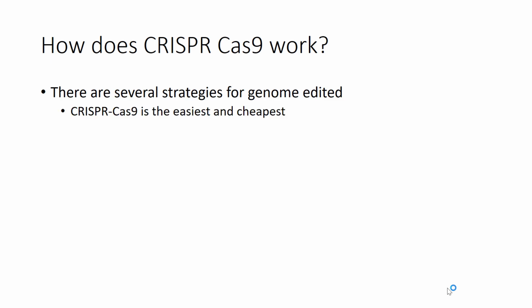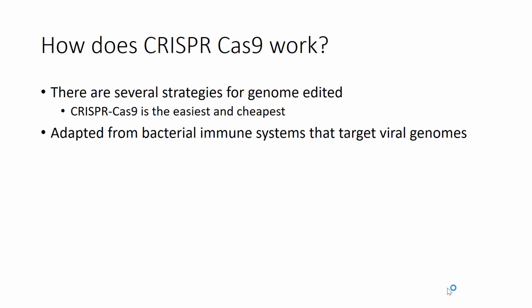But CRISPR-Cas9 is the easiest, and it's the least expensive, and in many ways some of the most targeted as well. And so it's again, like I mentioned earlier, right now it seems to be the most productive strategy of editing the genome, with the most potential. And so, again, like the group mentioned earlier this semester, it was adapted from bacterial immune systems.